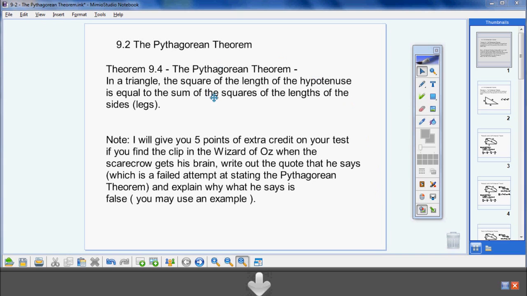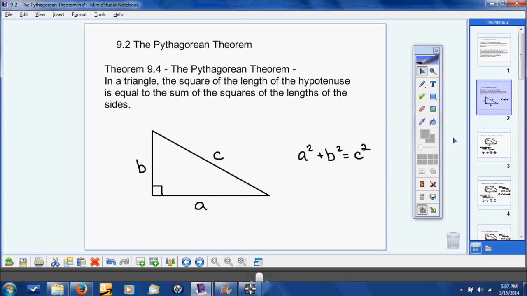So let's get back to this Pythagorean theorem, the real Pythagorean theorem, and what it really means. It says, in a triangle, it should say in a right triangle. It only works in a right triangle. So we should actually add that. I don't know if I typed it wrong or if I wasn't paying attention, but I know it's in a right triangle.